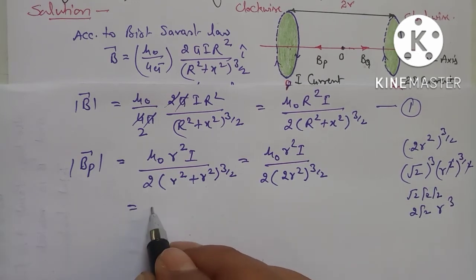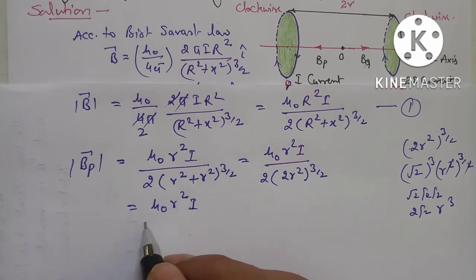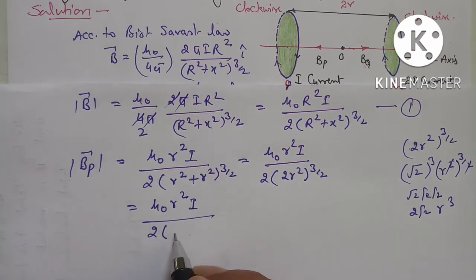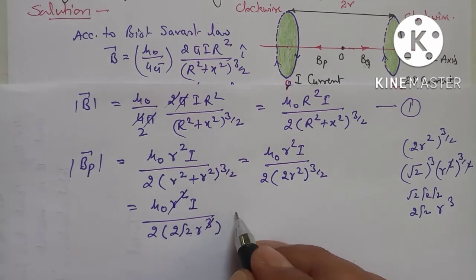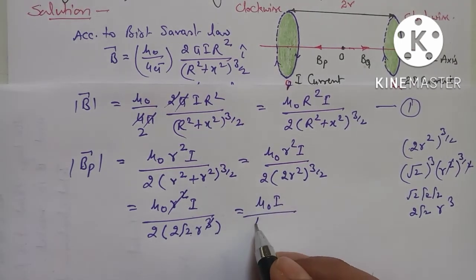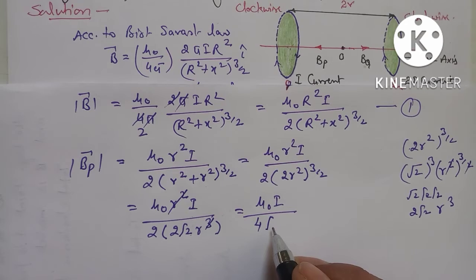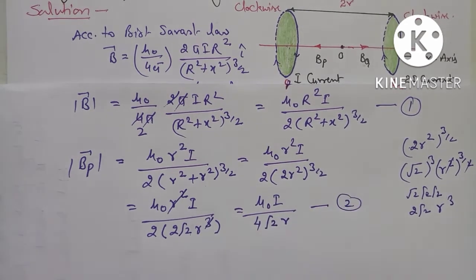So this equals mu naught r square I over 2 root 2 r cube. The r square cancels with the r cube, and we are left with mu naught I over 2 times 2 root 2 r, that is, mu naught I over 4 root 2 r. This is equation number 2.